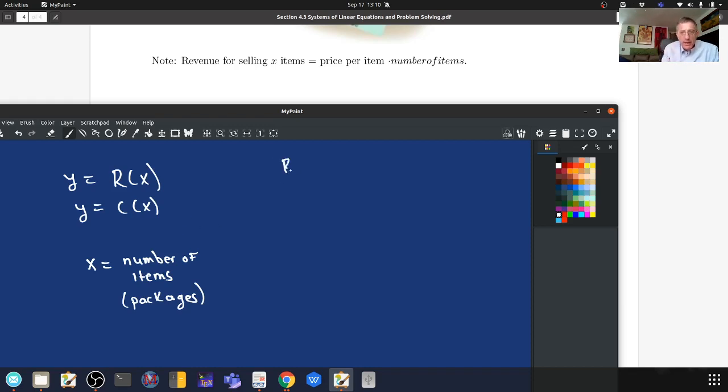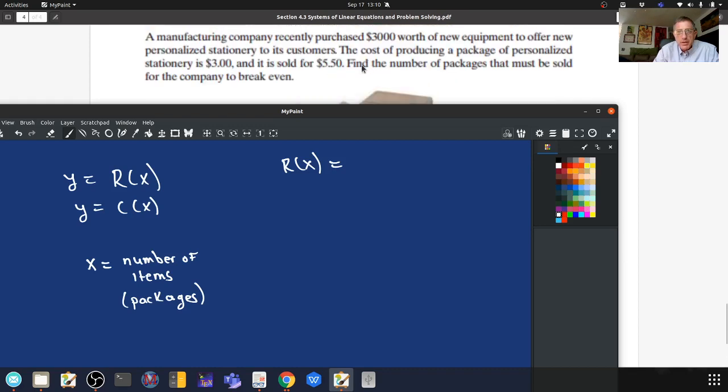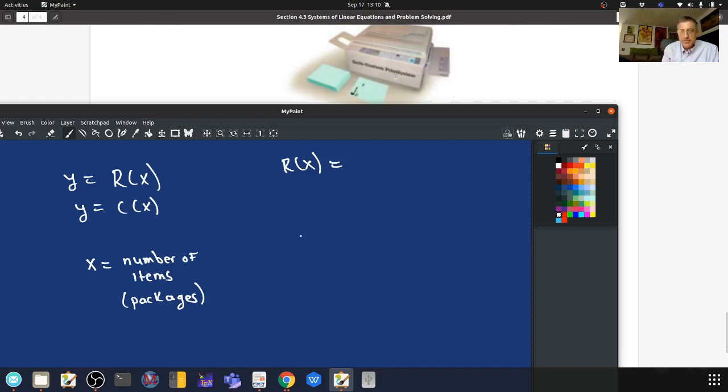So R of x, right here, is equal to the price per item times the number of items. Well, the price per item, this is our revenue, how much you sell it for, is $5.50 times the items.